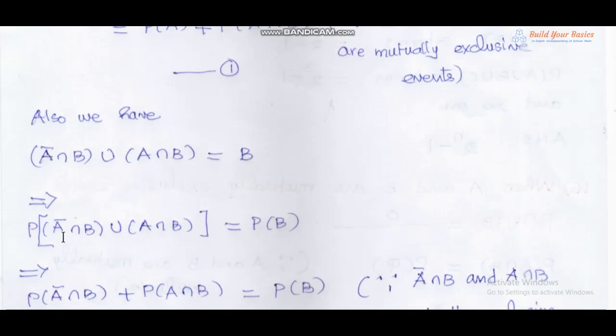That is, A bar intersection B intersection A intersection B is empty set.